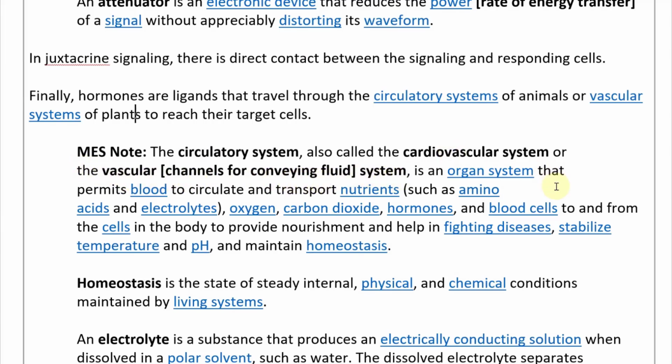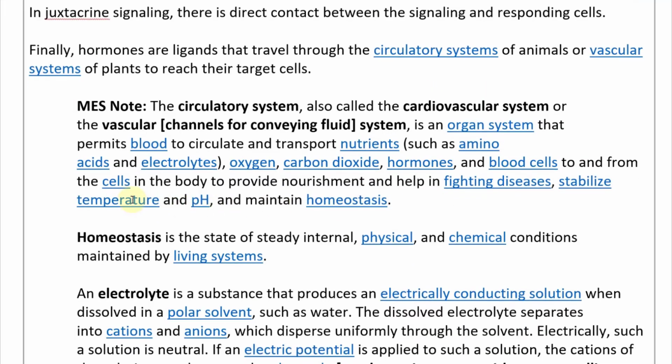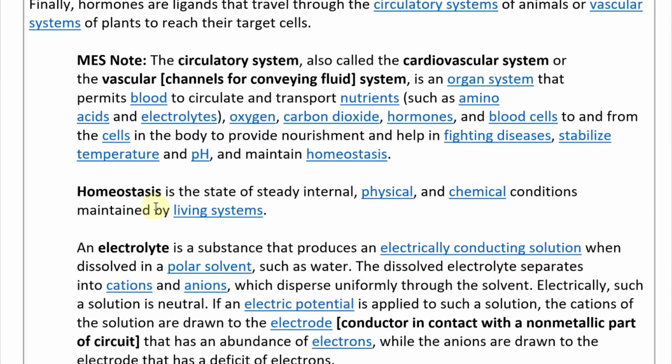It is an organ system that permits blood to circulate and transport nutrients such as amino acids and electrolytes, oxygen, carbon dioxide, hormones, and blood cells to and from the cells in the body to provide nourishment and help in fighting diseases, stabilize temperature and pH, and maintain homeostasis. Homeostasis is the state of steady internal physiological and chemical conditions maintained by living organisms.